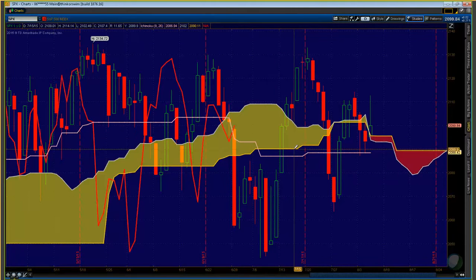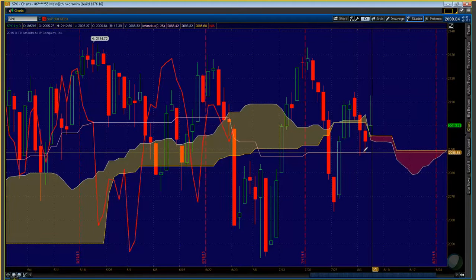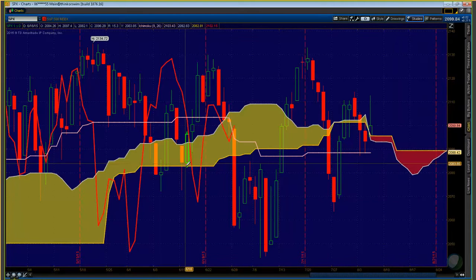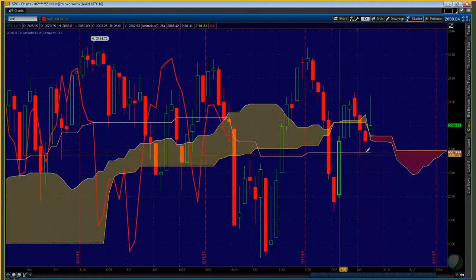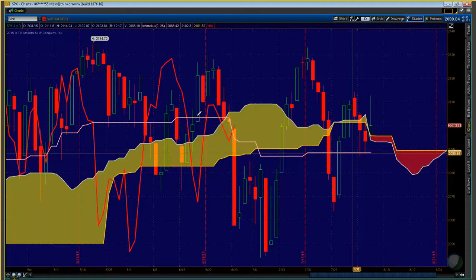Now, a flat span B and a flat Kijun Sen are very important because they tend to act as magnets to draw price action towards it, or towards equilibrium. We can see that in the past, span B has acted as support. The Kijun Sen has acted as support.